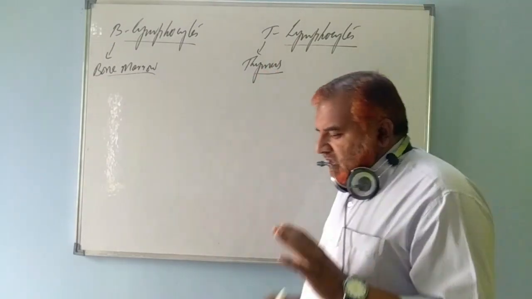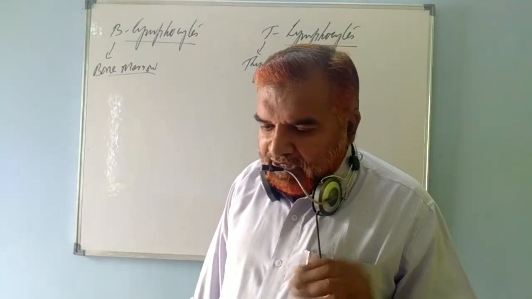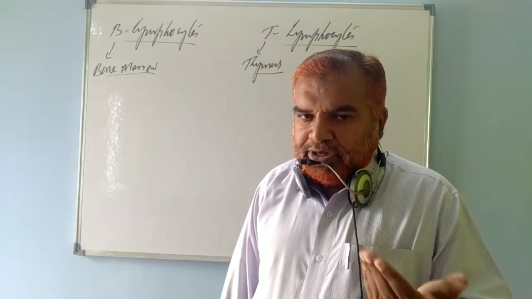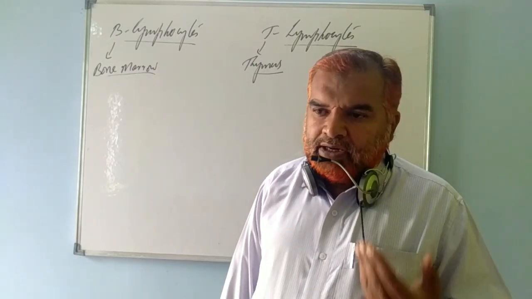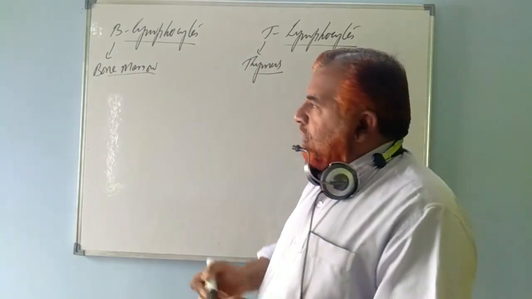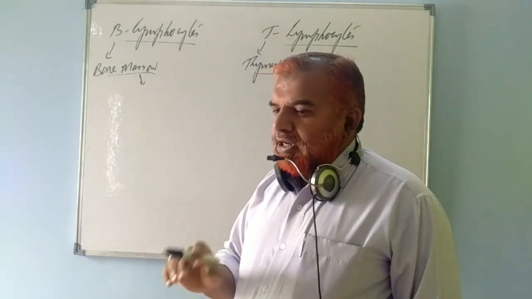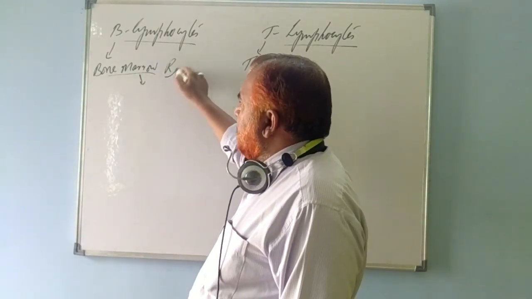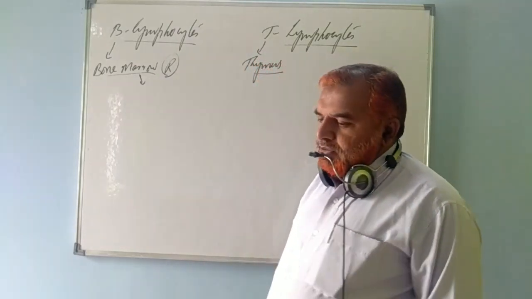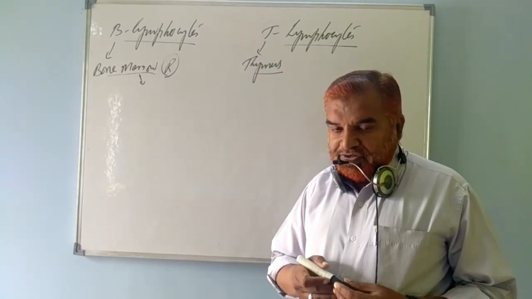Now, both these lymphatic organs help in the production and differentiation of lymph cells. Whichever cells come from bone marrow, in the red bone marrow, because you know that red bone marrow is a factory of cells.